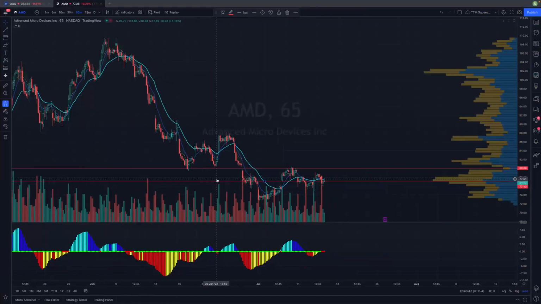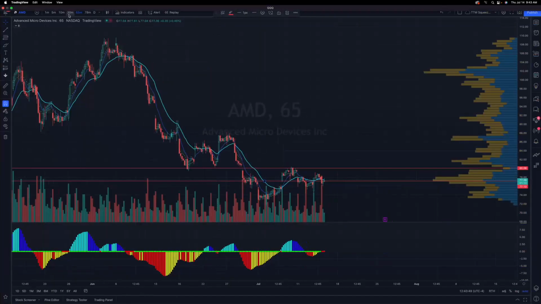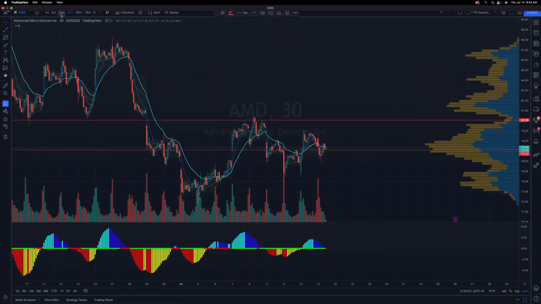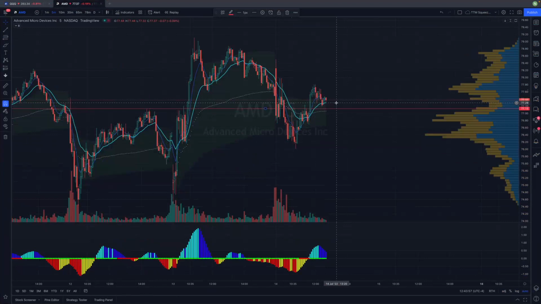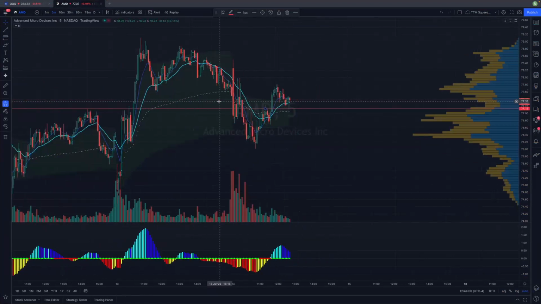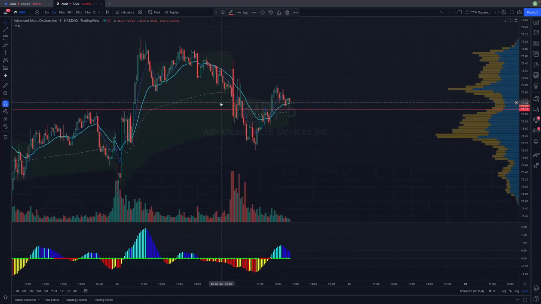But if I wanted to invest $800 and I was playing a shorter time frame, let me go to a 5-minute. I think in the next 30 minutes, AMD is going to bounce off this level that I have and just test the day's high at 79.